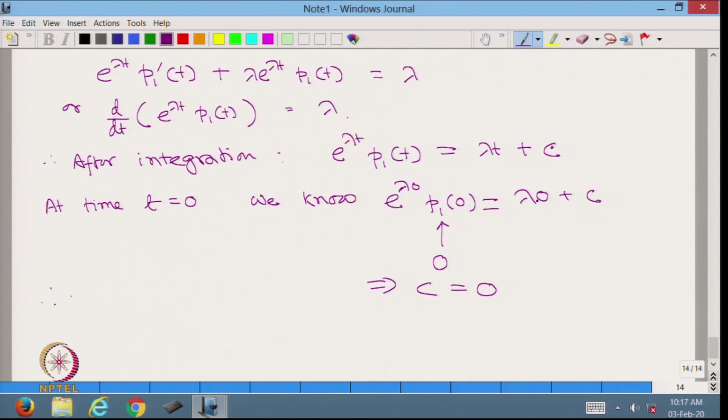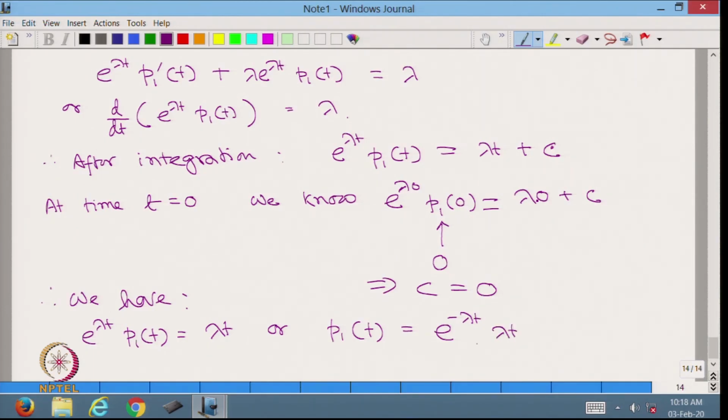Therefore, we have e to the power lambda t P1 t is equal to lambda t, or P1 t is equal to e to the power minus lambda t times lambda t to the power 1 upon factorial 1.